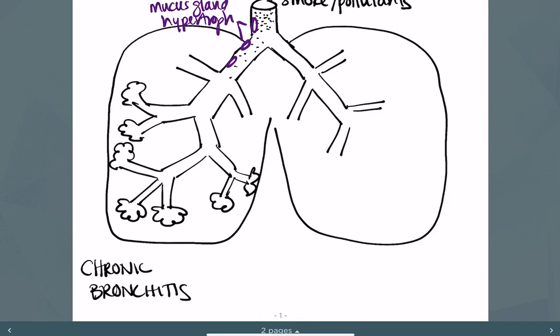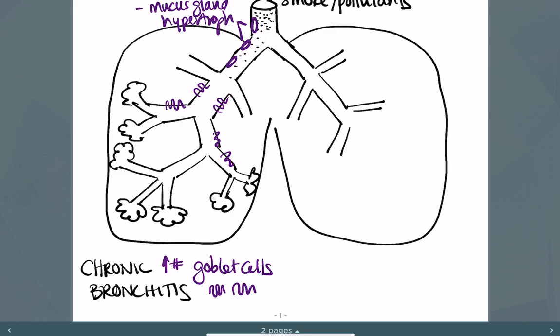Goblet cells, I'll draw on the figure as these little squiggly lines. So we see an increased number of goblet cells. So the body starts to make more of them. And for your memory, goblet cells are basically columnar epithelial cells that secrete the main component of mucus. So you get an increased number of goblet cells, you get mucus gland hypertrophy.